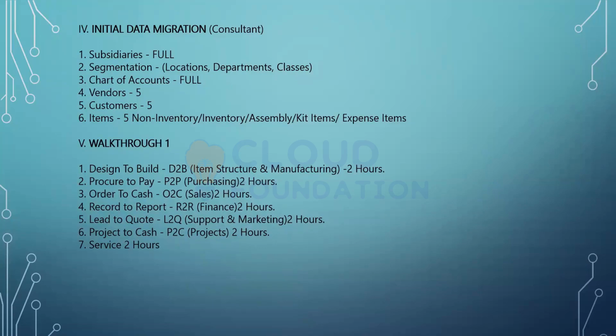I can say a test vendor, but they might have a vendor within the system which they are dealing with, probably MRF Tires, that they buy tires from. So they'll give the vendor details, address, and everything. So we create that as a vendor and we use that vendor while we are doing the walkthrough.